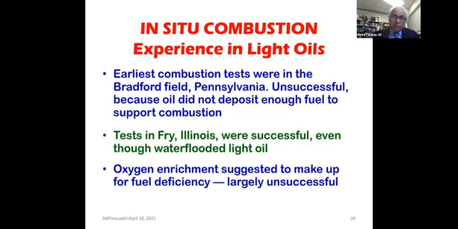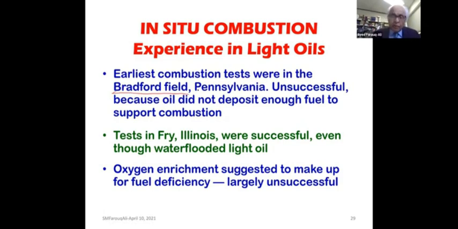Some experience in light oils. One of the earliest projects I did in my career was in Bradford, Pennsylvania, the same field where we also did the steam project. Bradford is one of the oldest, or maybe the oldest, reservoirs in the world.